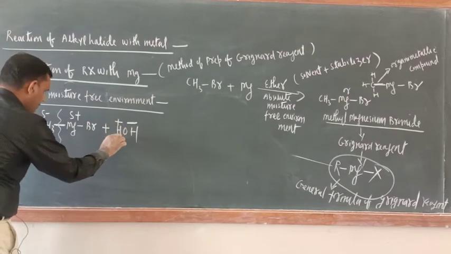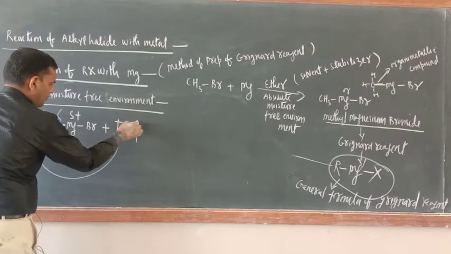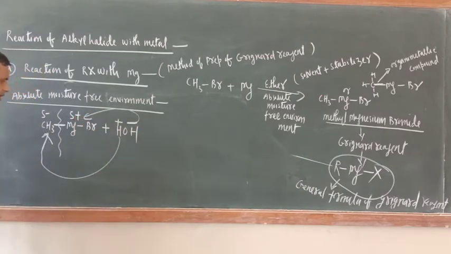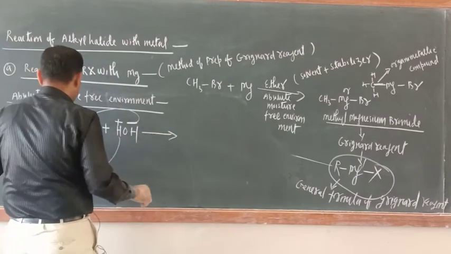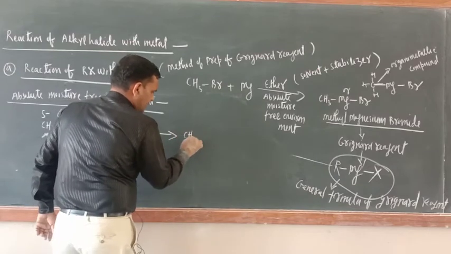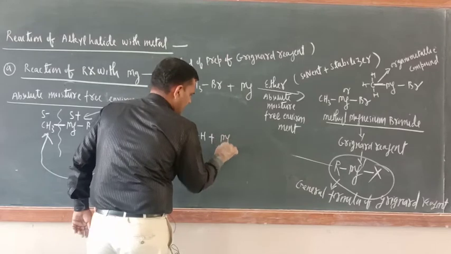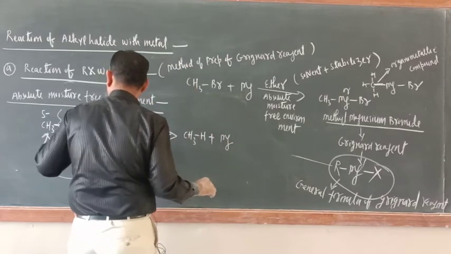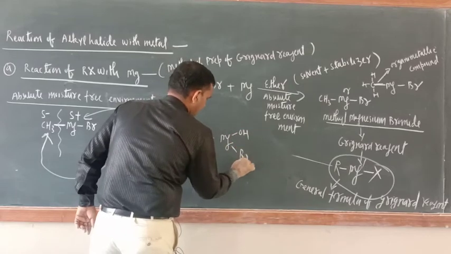So the positive part of this will go to the negative part, and the negative part will react with the positive part of this one. Here we get CH3H plus Mg, OH and Br.